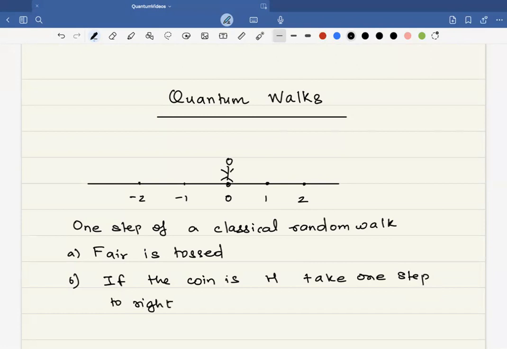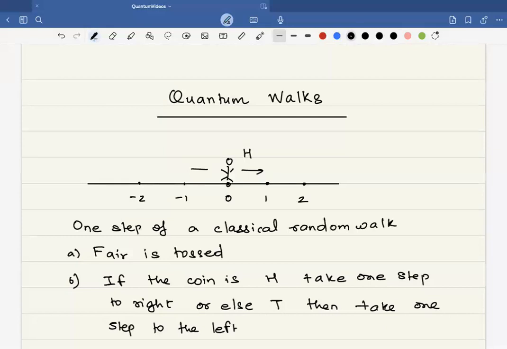Or else if the coin is tails, then take one step to the left. So either head occurs, then it moves to the right, or a tail. So that's one step of the walk. And you repeatedly do it.